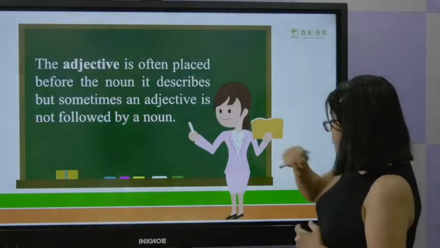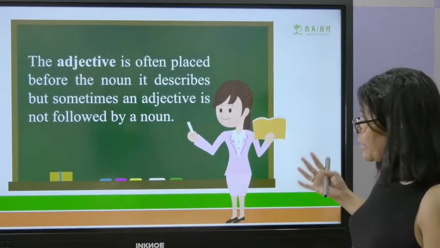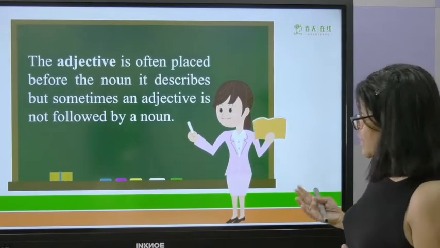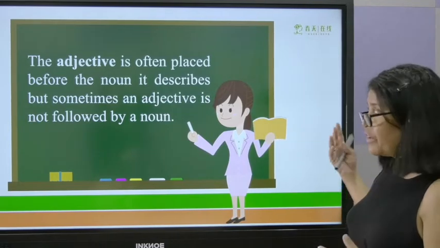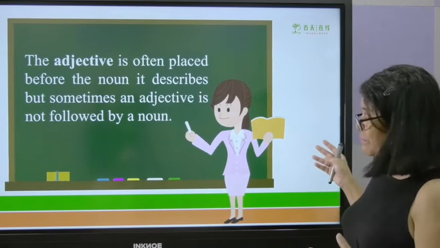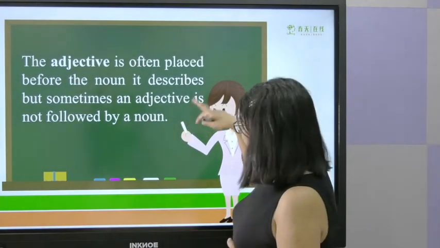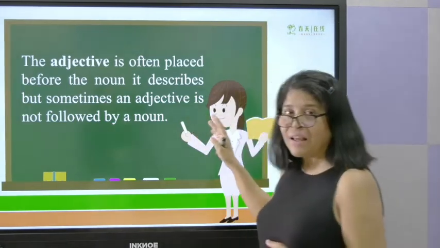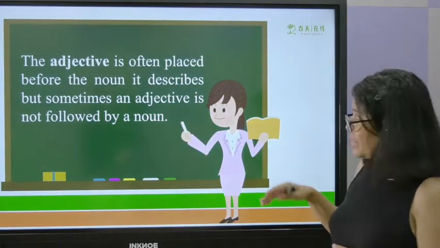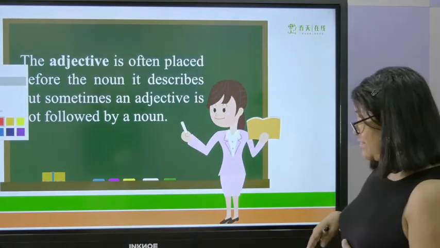Let's look if there's any more sentences. No, that was it. So now we have more information about adjectives. What did we find out from earlier on? In most of those sentences, the noun is placed after the adjective. The adjective that is used to describe it comes before it.